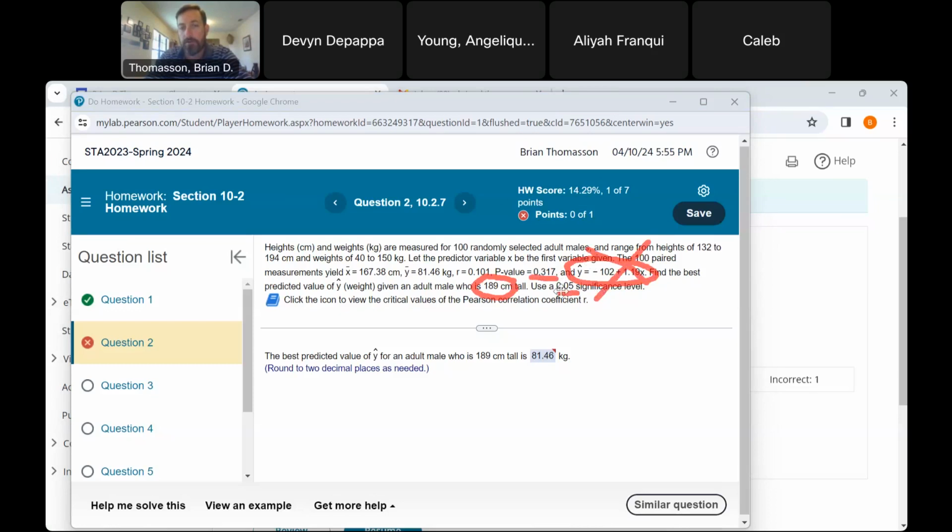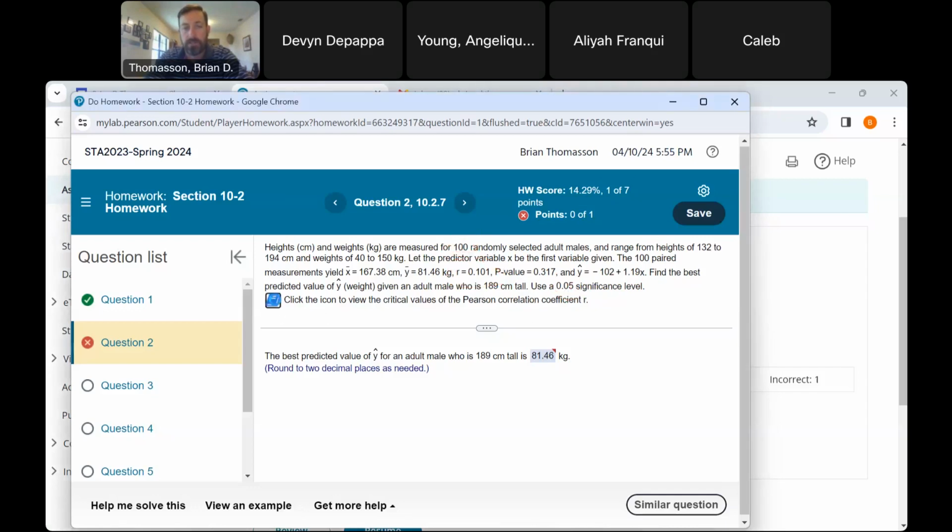Another way of doing this is looking at the R value. Our R value is 0.101. And if we go to our table, we can figure out how far away from 0 we have to be. So in this case, we have a sample size of 100 and alpha 0.05.